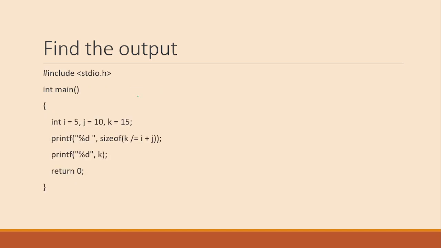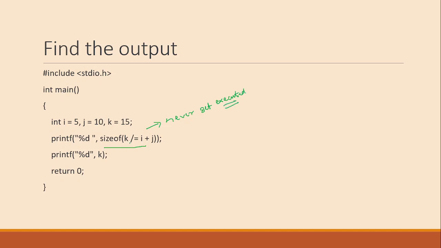Now you can see in this case 3 values have been assigned. Size of k plus plus. Whenever we use sizeof, whatever expression you give inside it will never get executed. Inside sizeof, nothing will get executed.